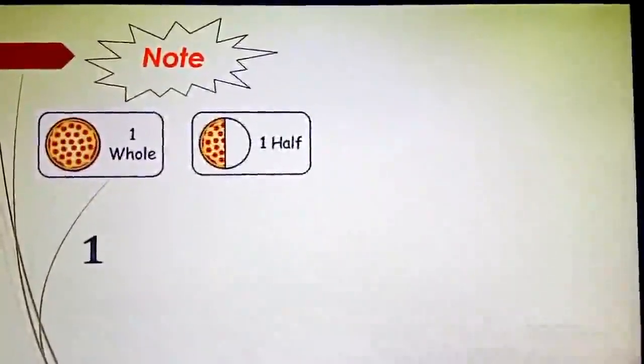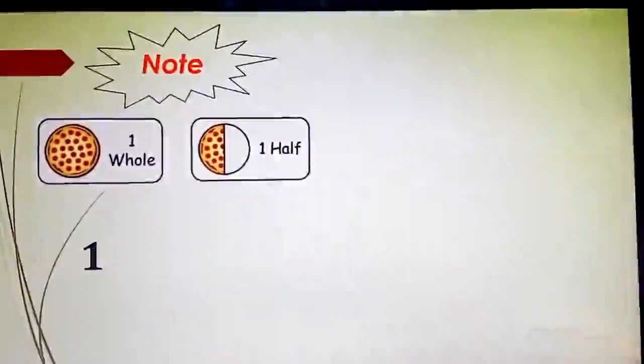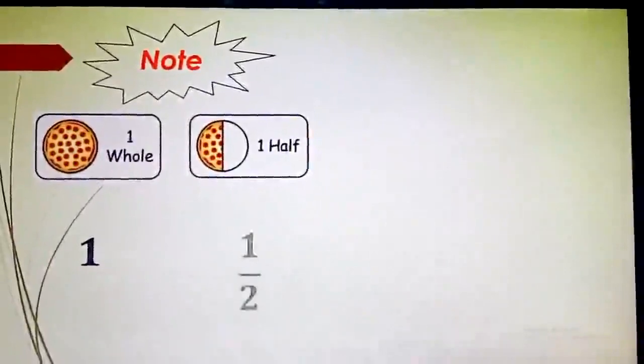Okay, note. Here, the whole pizza means 1 whole. And here it was divided into 2 parts. Each part is equal to 1/2.